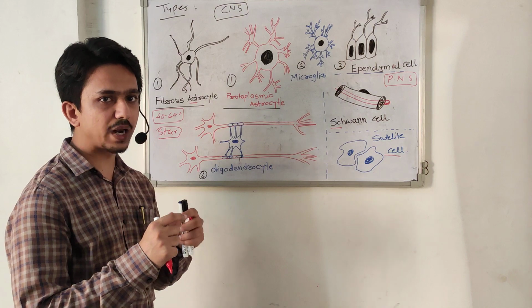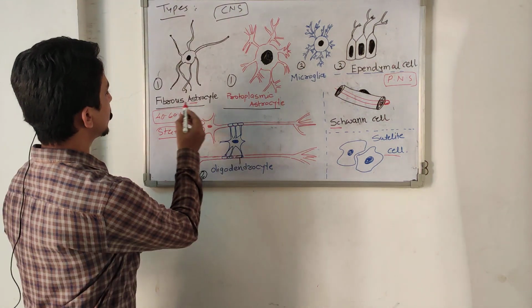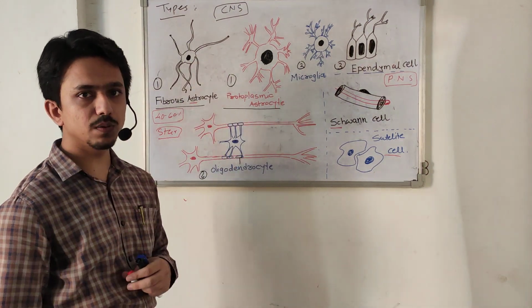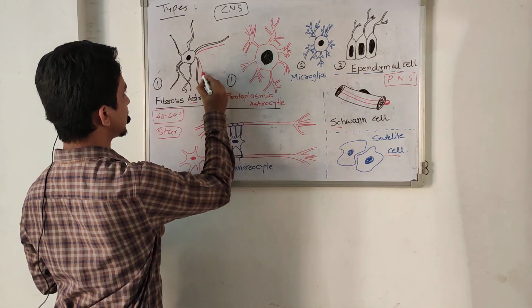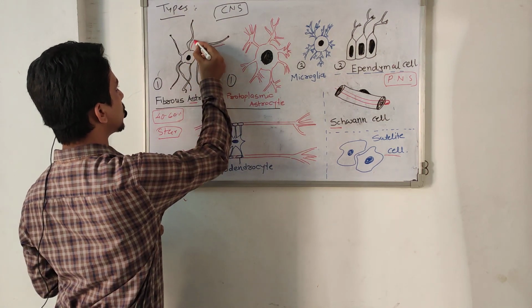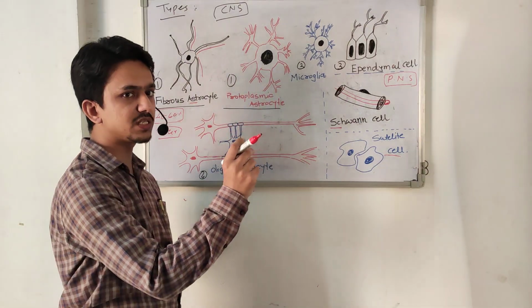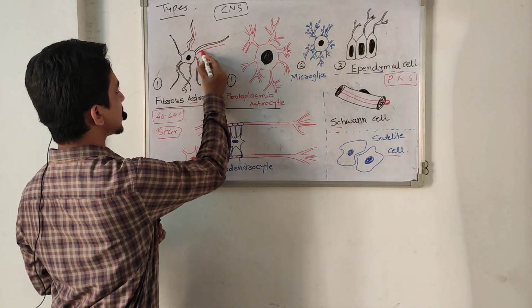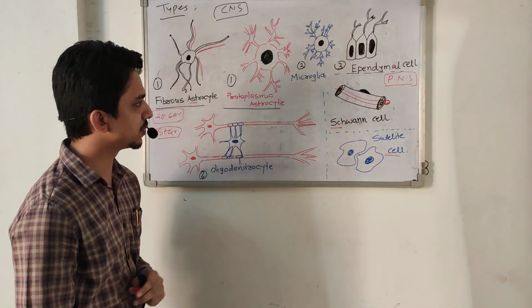So the number of branches is more, but the size is less. In fibrous astrocytes, the number of branches is less, but they are very sharp, identical, and long. While in protoplasmic they are short, but the number is more. It's the reverse. In fibrous the number is less, but the size is very long. So this is fibrous and protoplasmic.